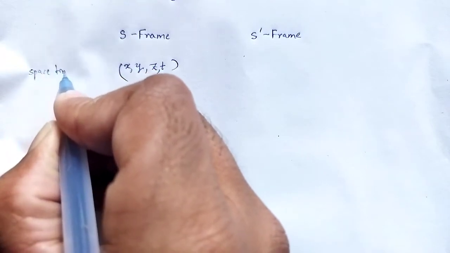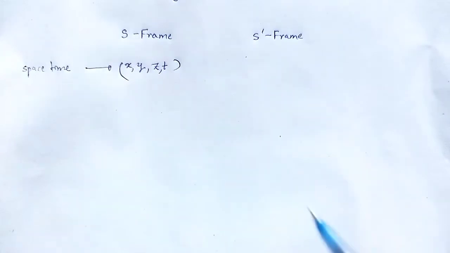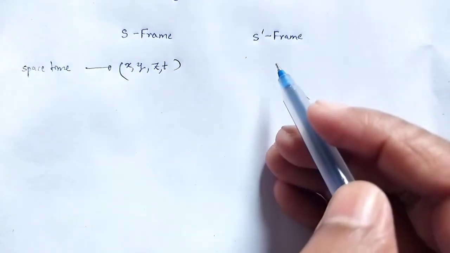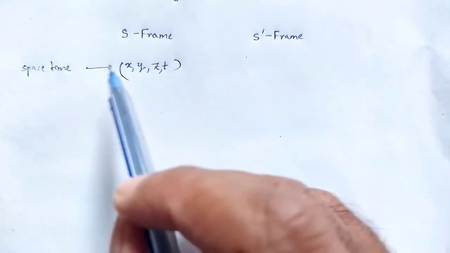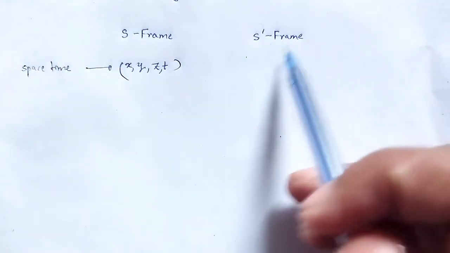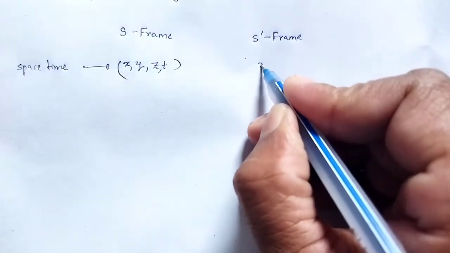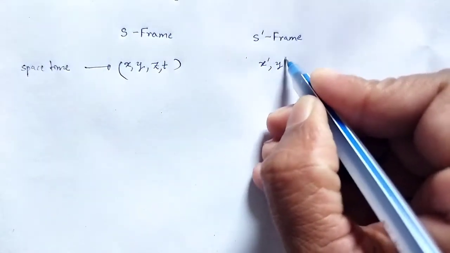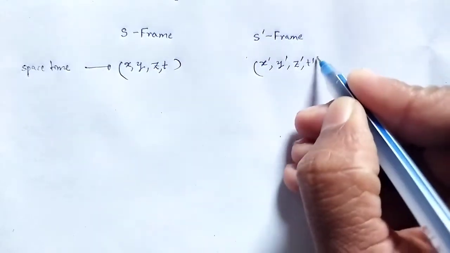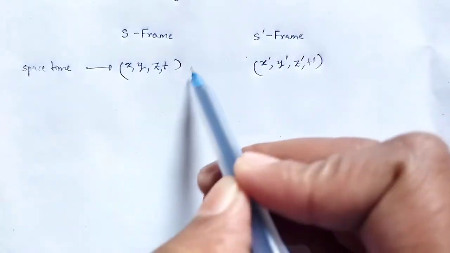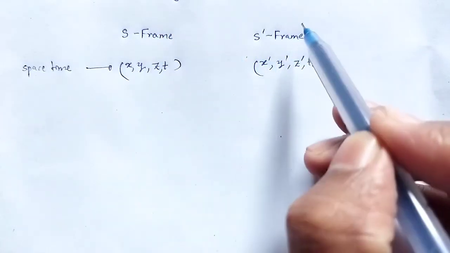Similarly, the particle's space-time coordinates in the S dash frame are x dash, y dash, z dash and t dash. This is the coordinate of the particle in the S frame, and that is the coordinate of the particle in the S dash frame.